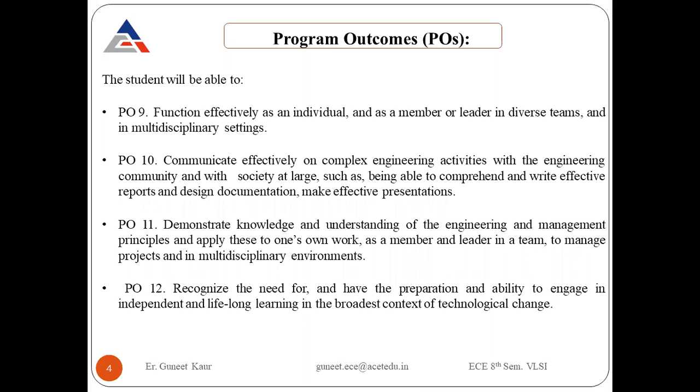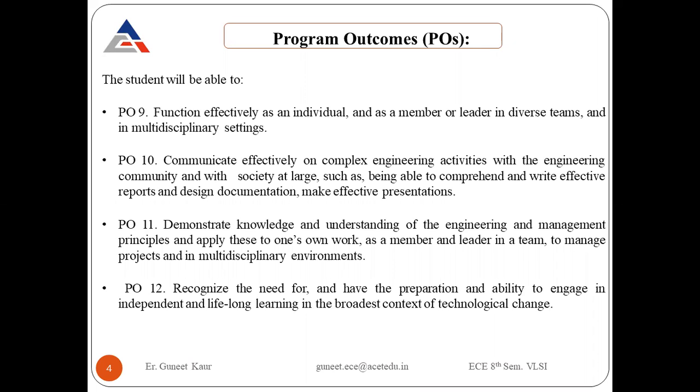Last PO, program outcome 12, is recognize the need for and have the preparation and ability to engage in independent and lifelong learning in the broadest context of technological change.